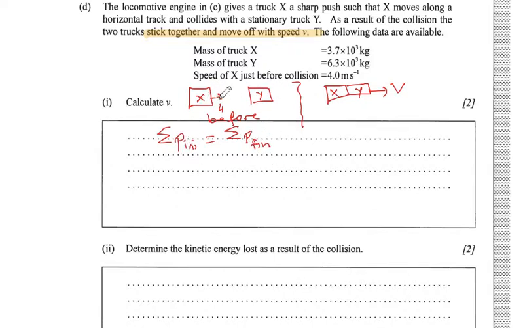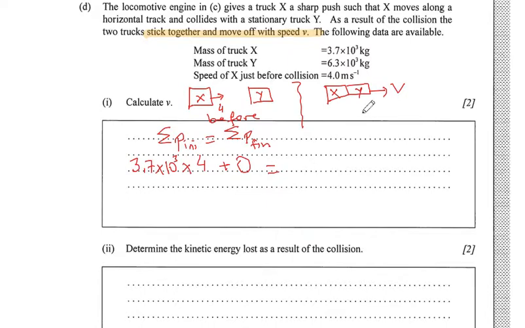So I'm going to look individually at what they have before. I have mass of x, which is 3.7 times 10 to the power of 3, times the velocity of x, which is 4. That's the momentum of x before it collides with y. Momentum of y is 0 before the collision because it's at rest, so velocity is 0.